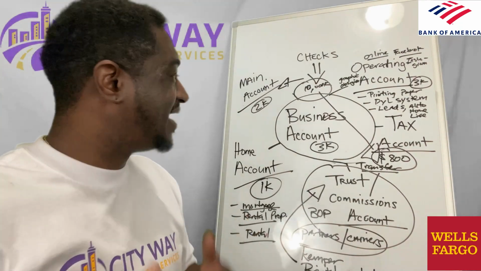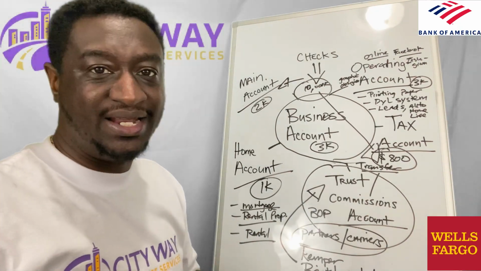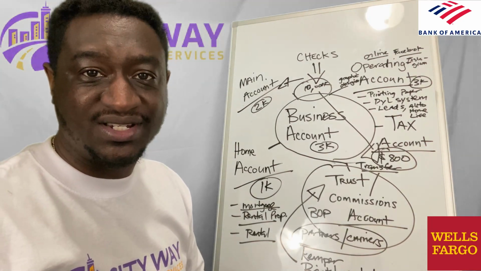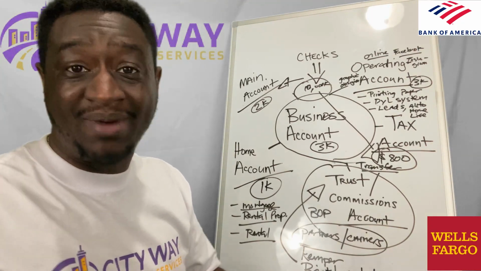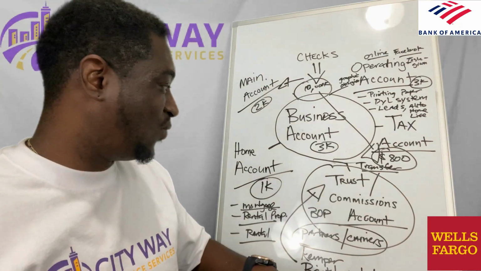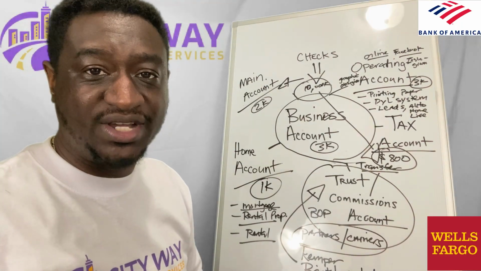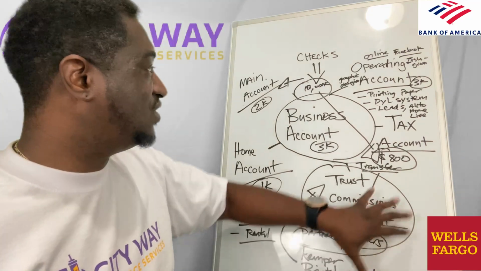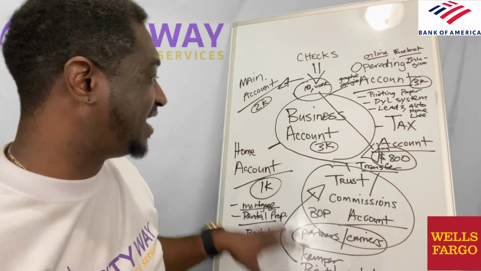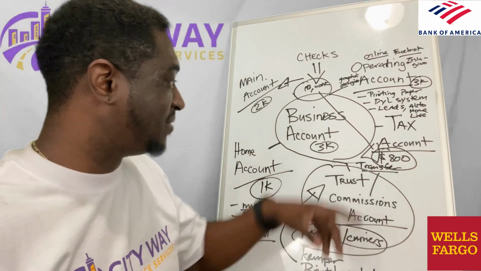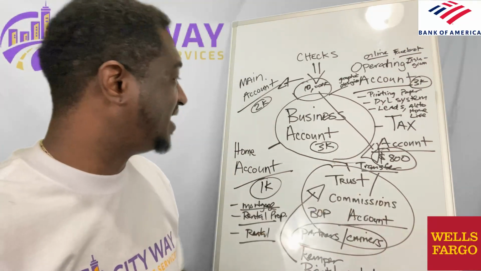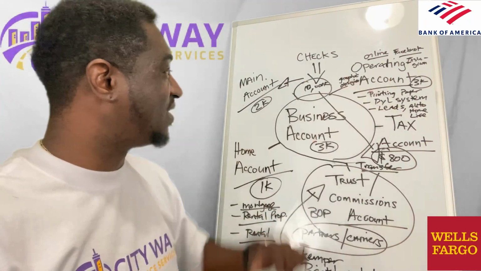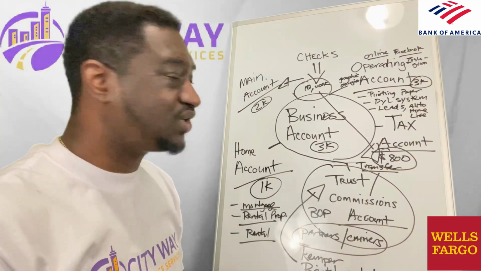I like having the ability to know that my agency at Cityway Insurance Services and my bookkeeping, or you might use a CPA, when they're ready to do your taxes or bookkeeping month to month or at the end of the year, know where your money is allocated, what was spent, what was credited to your commissions and trust account, and what was debited out of your operating account, and all that good stuff.